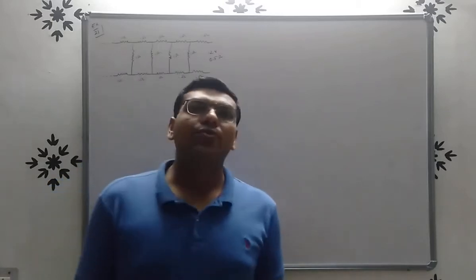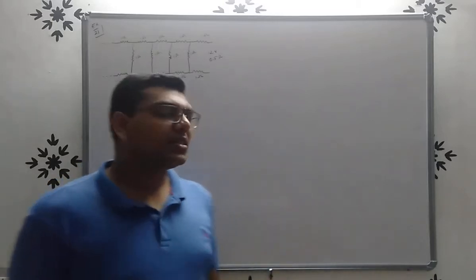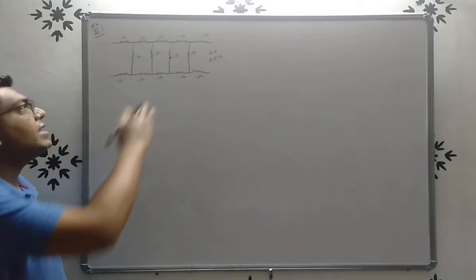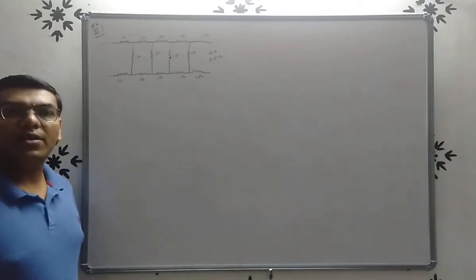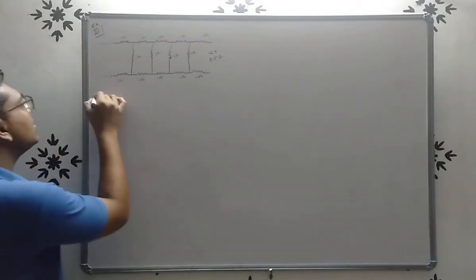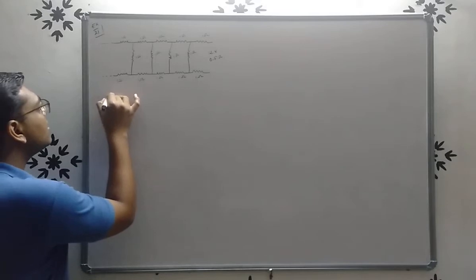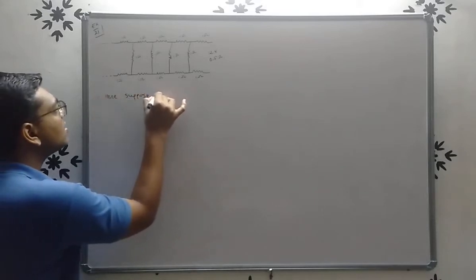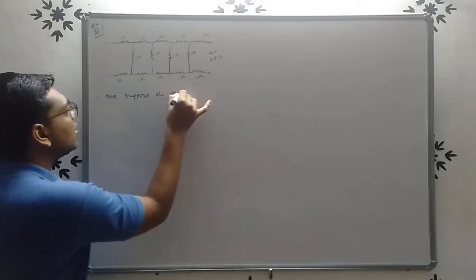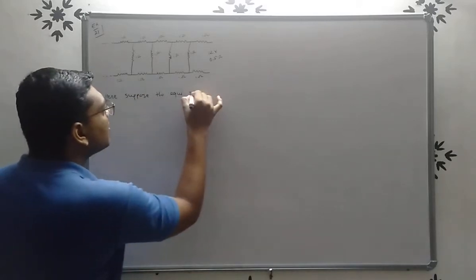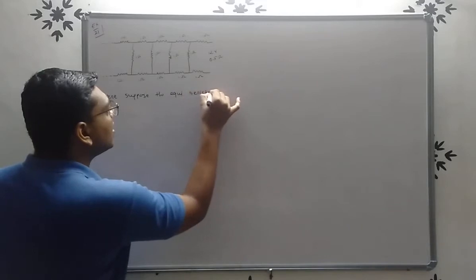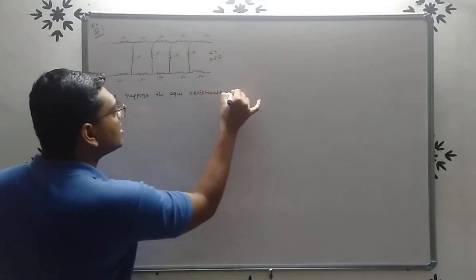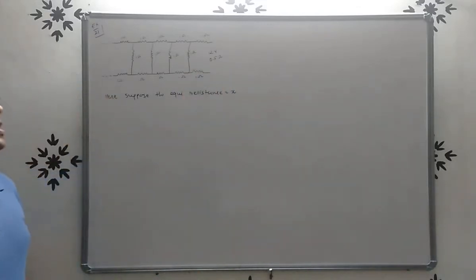So to find out the equivalent resistance, here there is an infinite network. So here we assume that suppose the equivalent resistance is X, right?